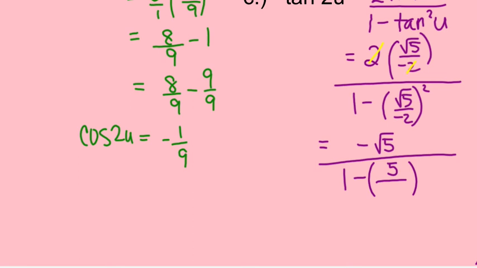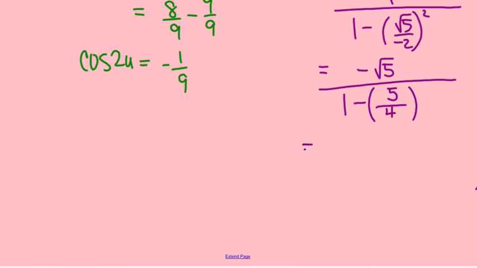Negative 2 times negative 2 is 4. So now we'll continue simplifying that denominator. I'm going to leave this negative square root of 5 alone. I'm going to change that 1 to 4/4 so that I can combine these two fractions in the denominator together. So 4/4 minus 5/4 is negative 1/4.